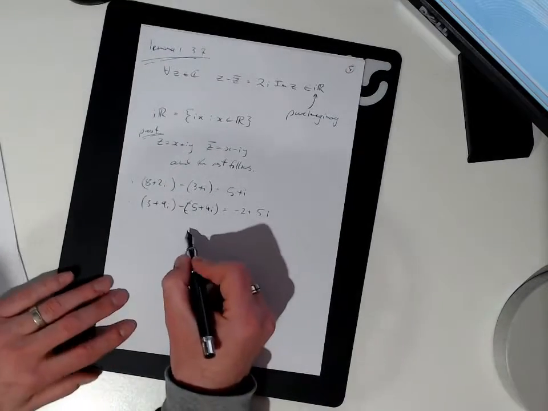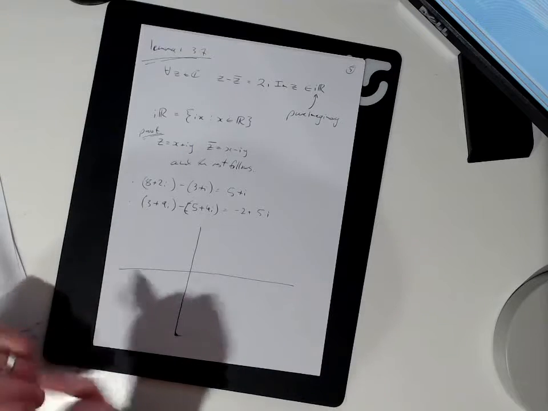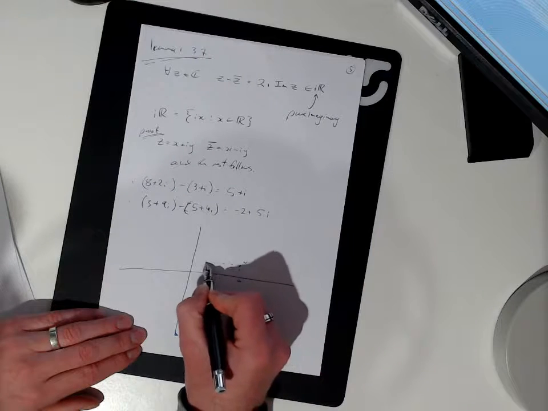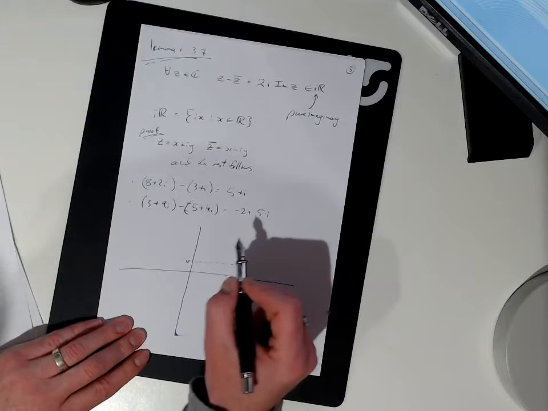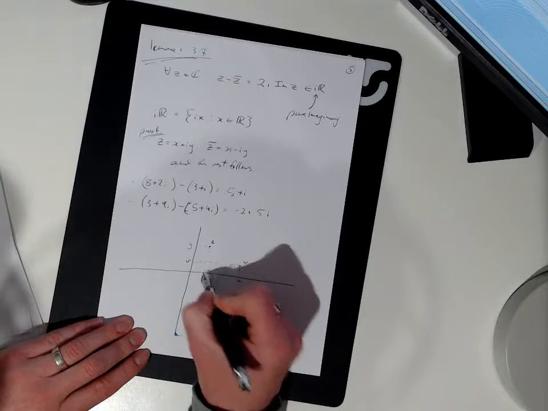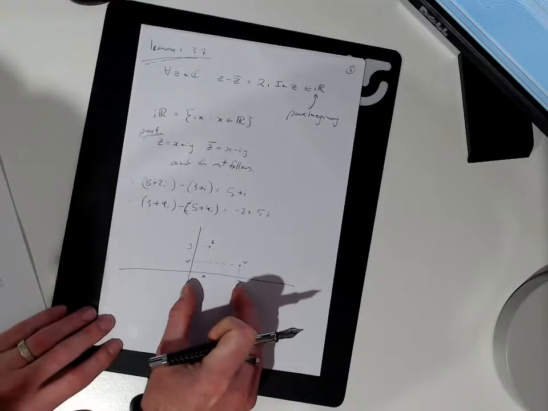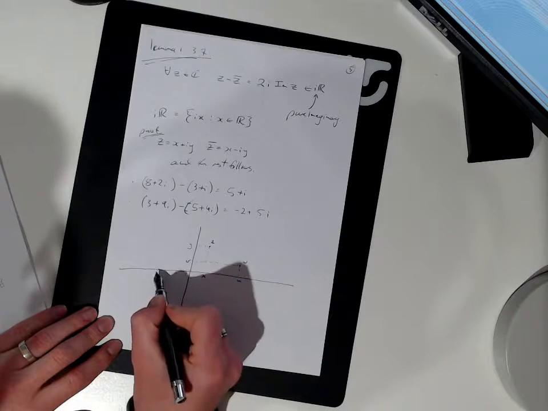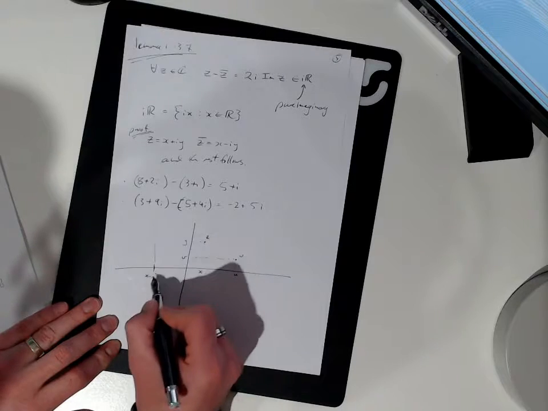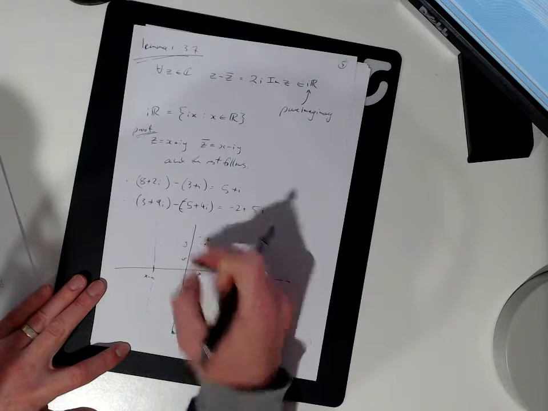And a nice little diagram. Right, so that's u. Take it off x. And that's v. Take that off y.